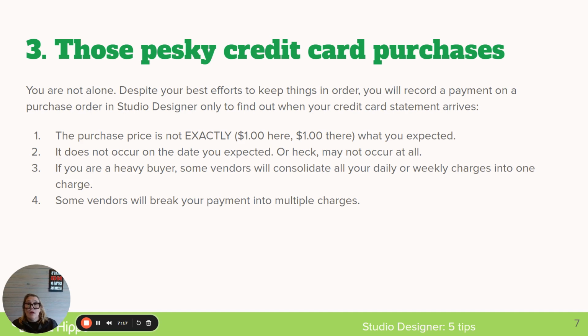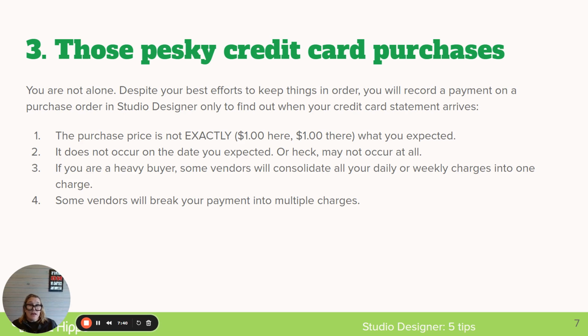If you are a heavy buyer, I have seen vendors that will consolidate all your charges on a daily or a weekly basis into one charge. So you are at the mercy of the vendor's workflow as to how those things will appear on your credit card charge.